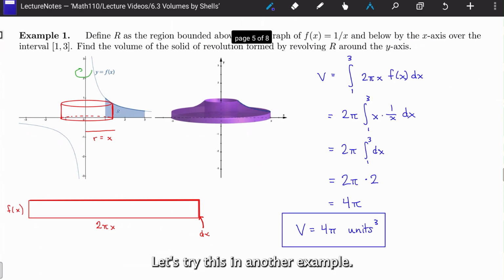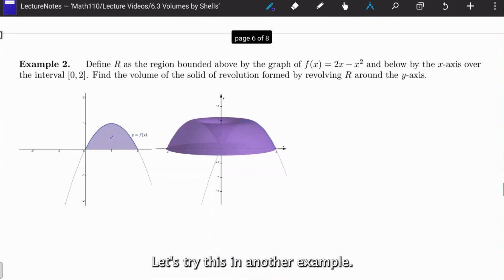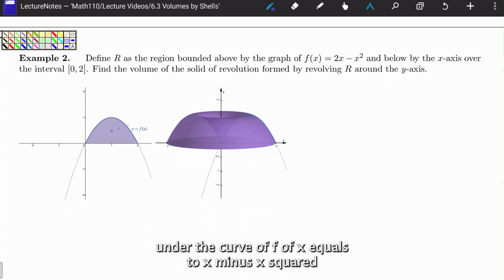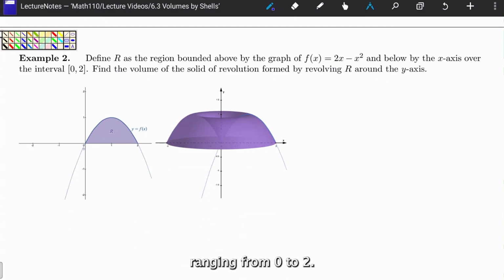All right, let's try this in another example. So here we have, again, this region defined to be the area under the curve f of x equals 2x minus x squared, ranging from 0 to 2. And we're rotating around the y-axis. So again, I'm going to draw that rotation there.